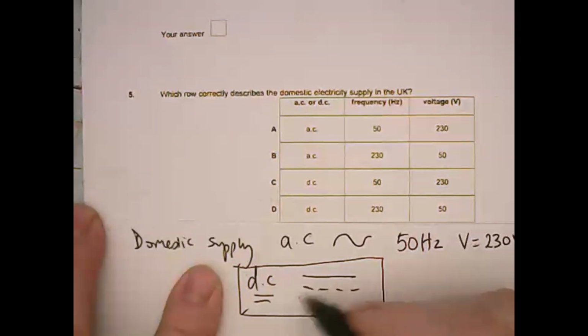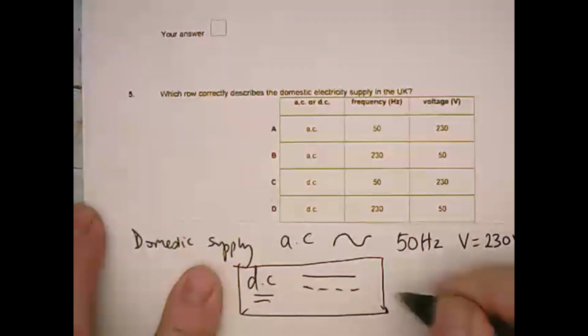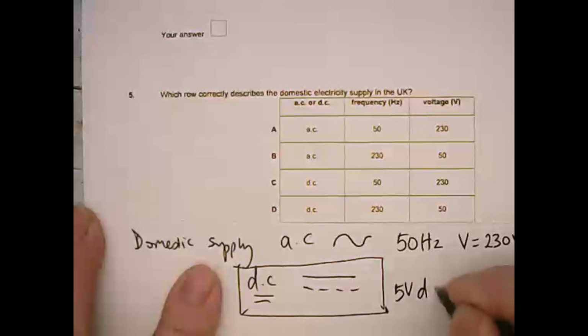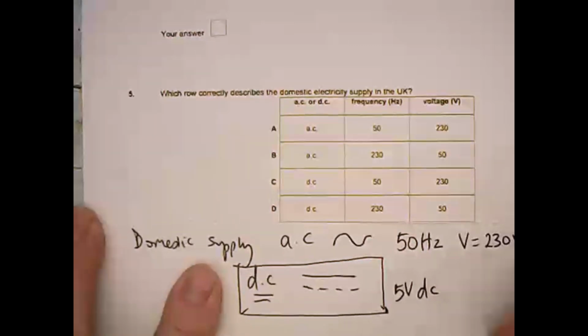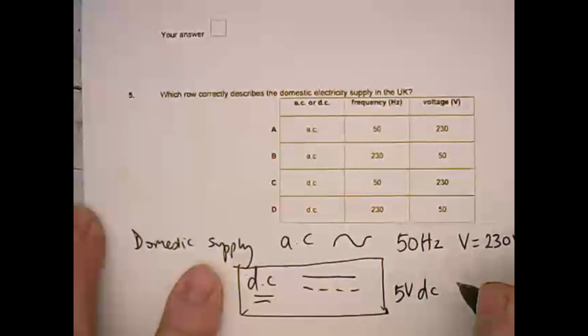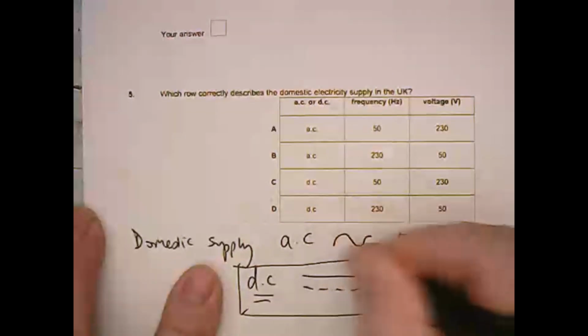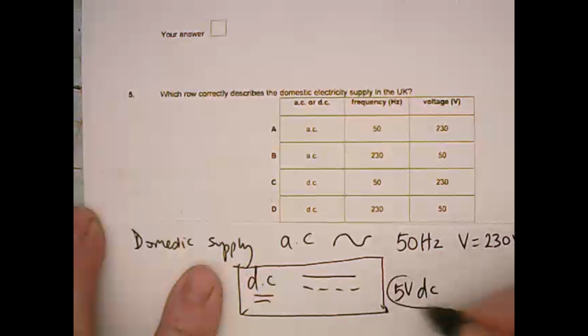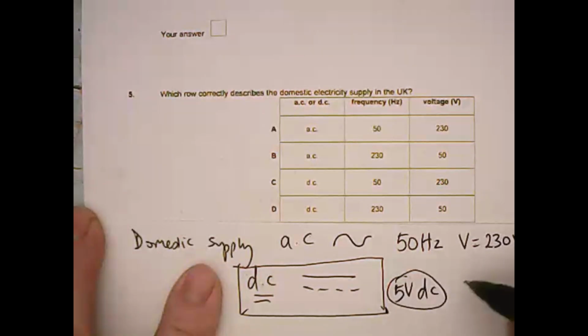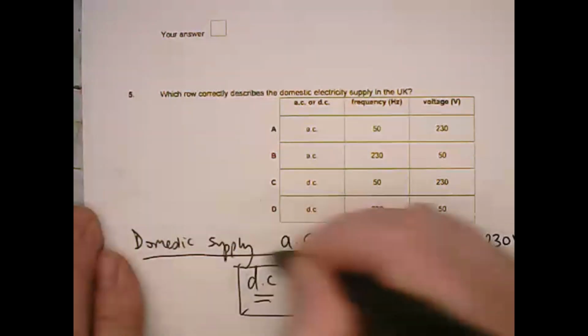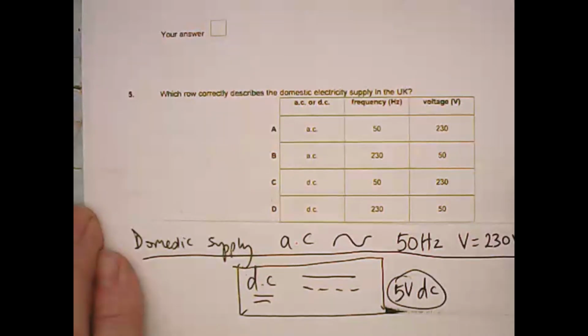So, for example, when you charge your phone, you're probably charging your phone on 5 volts DC. You need a special plug, a special transformer to convert your supply at the socket to what your individual device wants. But our answer for domestic supply is going to be A.